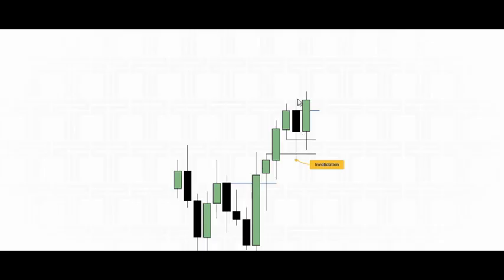Or you can take the high of the wick to the low of the wick as your order block, nobody cares. But this candle is your order block because it went into an important level, that is a fair value gap, and then price closed over it, and now it turns into an order block.